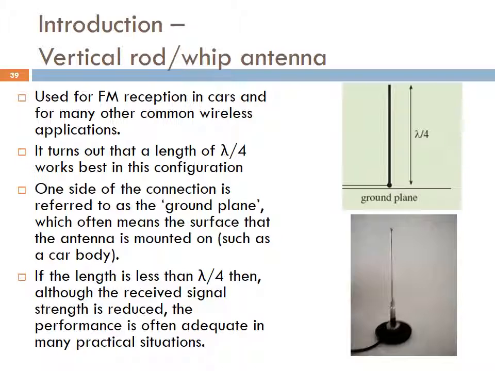One side of the connection is referred to as the ground plane, which often means the surface that the antenna is mounted on. If the length is less than lambda over 4, then although the received signal strength is reduced, the performance is often adequate in many practical situations.